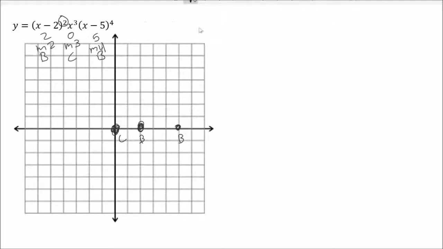I said the degree was the sum of multiplicities, so that would be 2 plus 3 plus 4, excuse me, the multiplicity is 4. The zero was 5. So that would be degree 9. And my leading coefficient is positive. Here's how I know that. This has a coefficient of 1, and 1 squared is 1. This has a coefficient of 1, so that's 1.